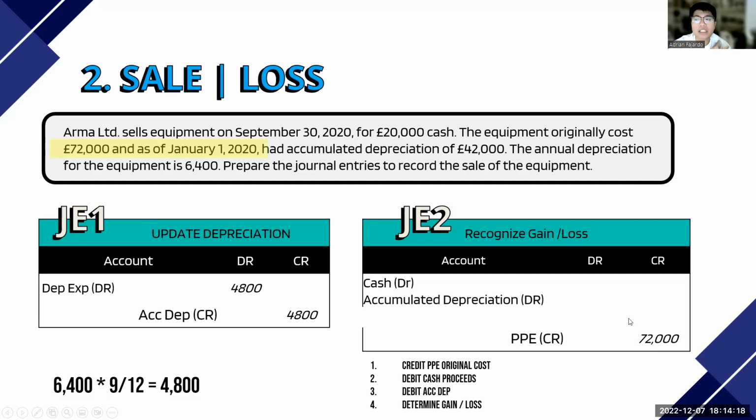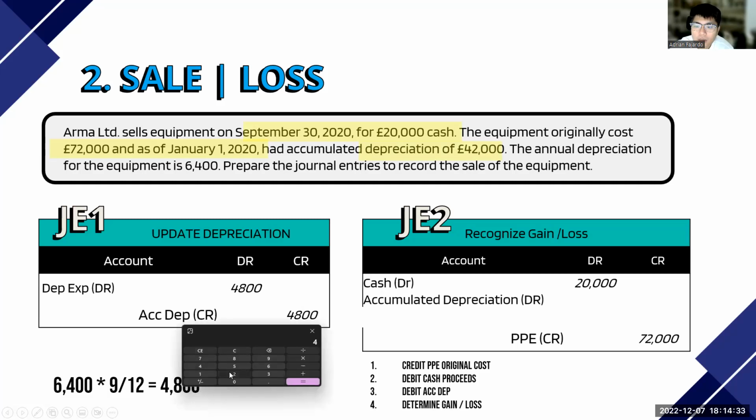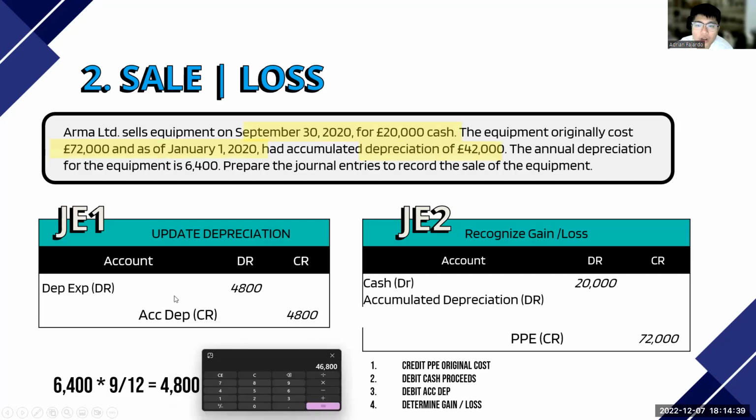Next, you receive cash. So alam natin na debit cash. Magkano yung cash? 20,000. So debit 20,000. Next, you have an accumulated depreciation of 42,000 plus the 4,800 na you just recognized. Huwag niyong kakalimutan yung plus 4,800 or yung update, ha?